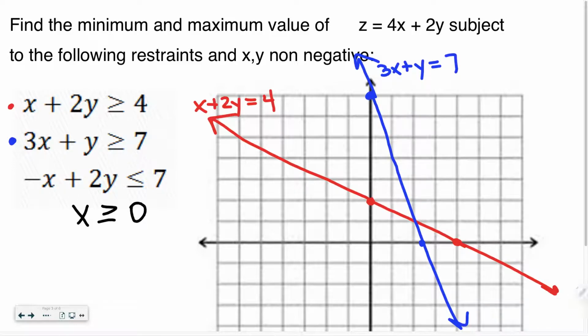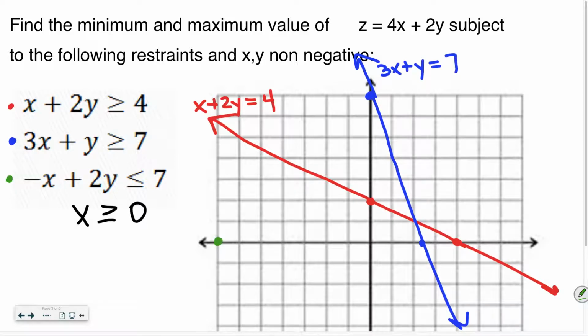And then negative x plus 2y is less than or equal to 7. Let's see. Our x-intercept is negative 7. Interesting.